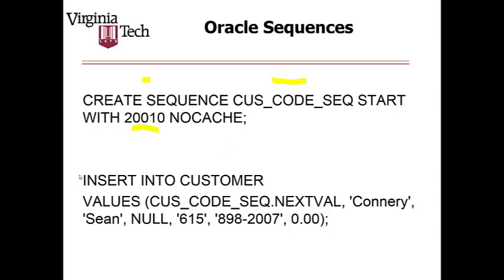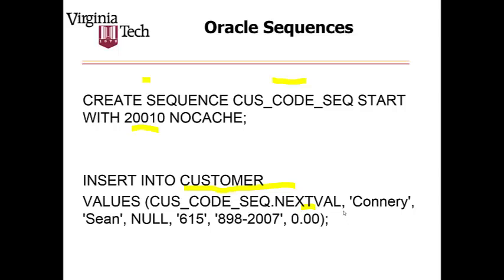And then when you go to insert, you want to use this code sequence that you created. When you go to insert a new row into customer, you use the sequence and give the nextval method.